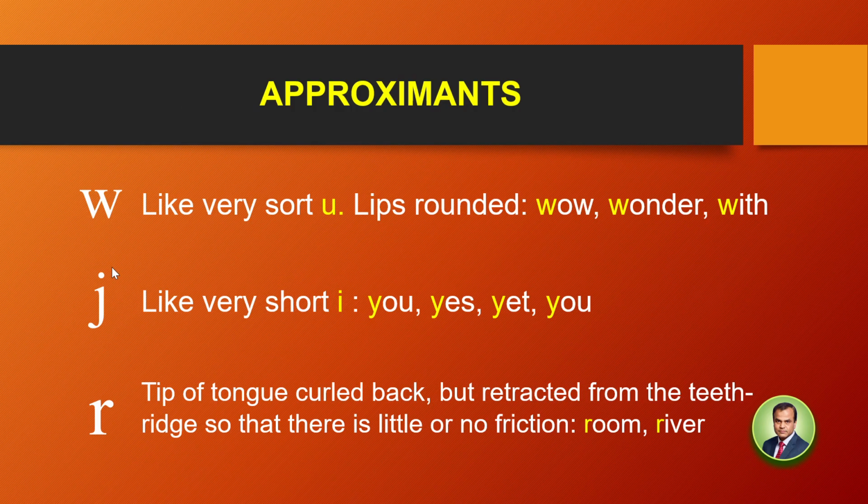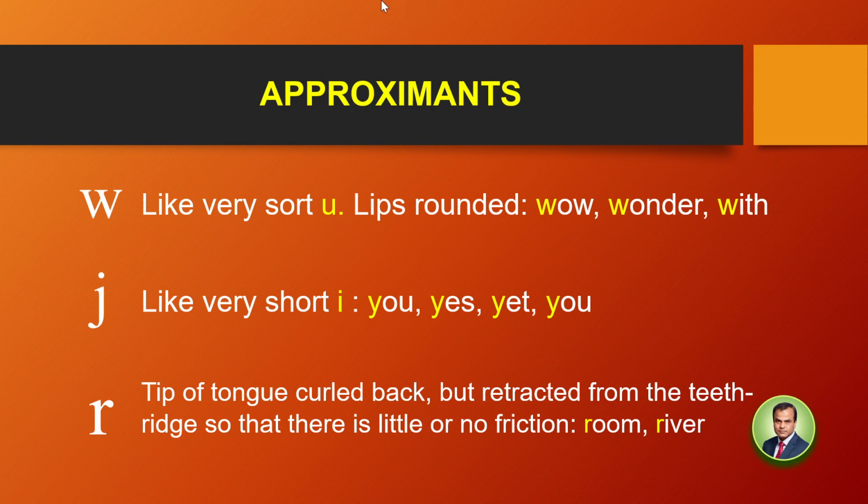This symbol as a letter is pronounced as J, but in the phonetic alphabet it is pronounced as y. You will find this symbol in words like you, yes, yet, or us.